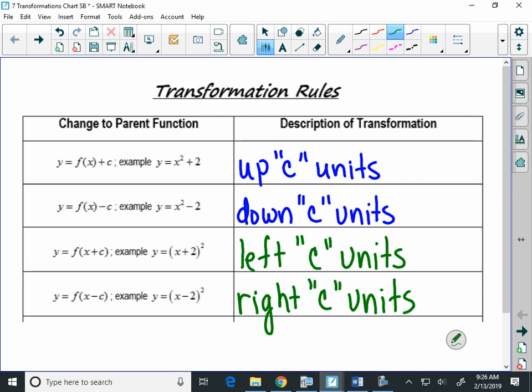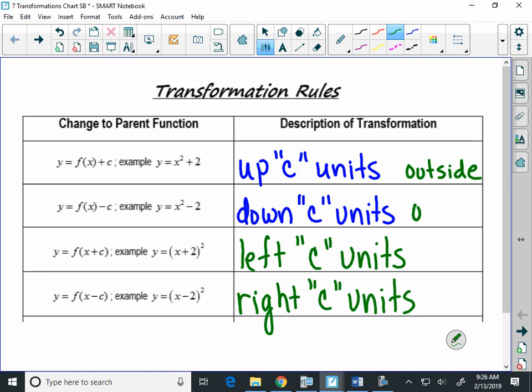It's something that a class a couple years ago taught me, at least in terms of their thinking, that might work for you. When we're moving up or down, that value is outside of the function. We've got f of x, that's the function, and then we add something, or f of x minus something.